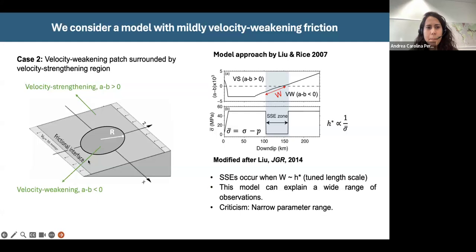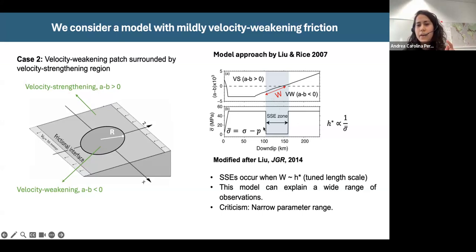I want to motivate this model by going back to the earlier model by Liu and Rice. In their model, slow slip events occur when there's a tuned length scale given by this W parameter, which relates to a long, deep extension of the velocity weakening region that is under high fluid pressure conditions.